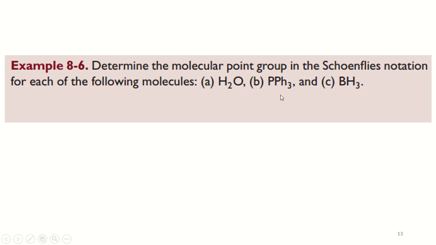We have already discussed these molecules in detail, and we have drawn the different symmetry operations as well as their multiplication table. So it would be quite easy for you to find out the point groups of these molecules. Thank you very much.